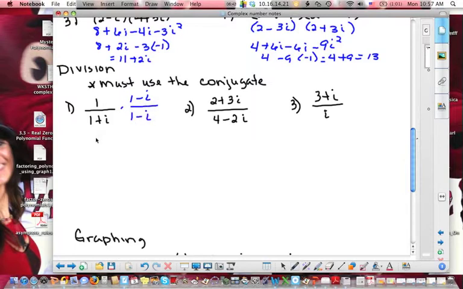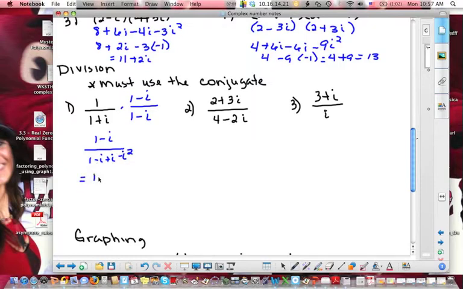So distributing in the numerator, I just have 1 minus i. Foiling the denominator, 1 times 1, 1 times negative i, i times 1, and then i times negative i. If you did it correctly, your middle two terms will cancel each other out.